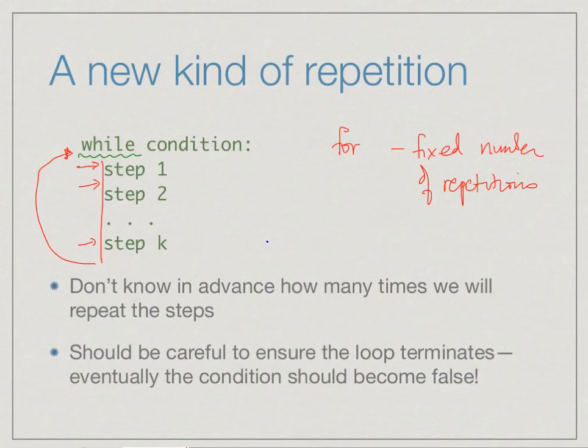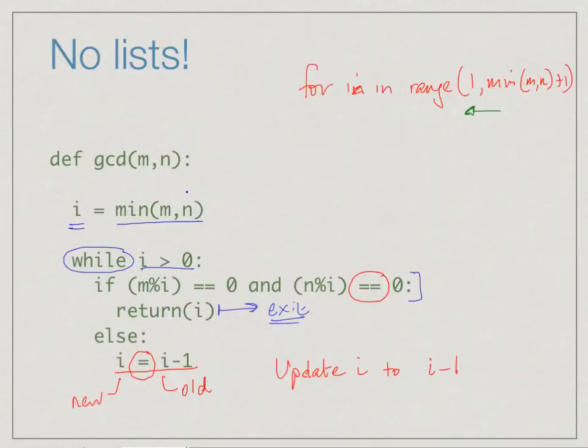So one of the problems that one could face with a while is that we keep coming back and finding that the condition is true. So we never progress out of the while. So long as the condition is true, these steps will be executed and then you'll go back and do it again. So if you have not changed something which makes the condition false, you will never come out. In our previous example, in order to make the condition false, we need I to become 0. So we start with the minimum of m and n. So what we guarantee is that every time we go through this while and we do not finish what we wanted to do, we reduce I by 1.